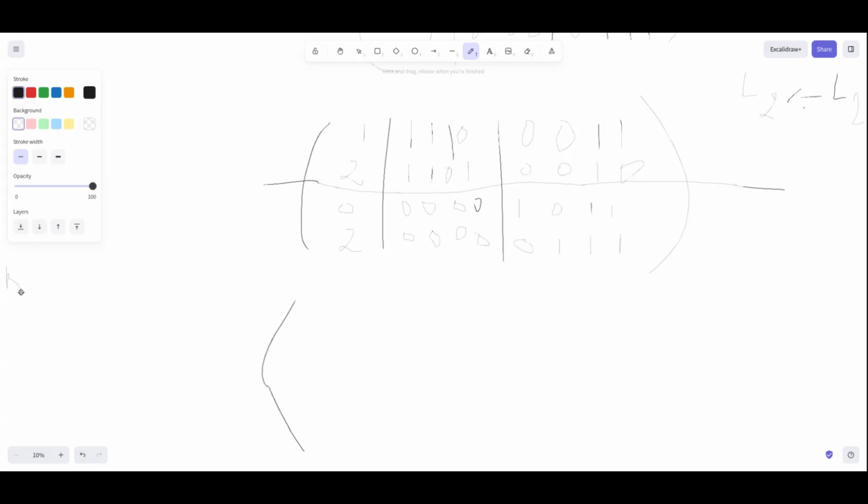If you have k, k being this, and you have a 1 here somewhere, so here you have something, and here too, and the 1.